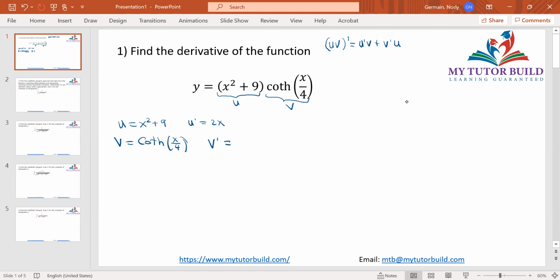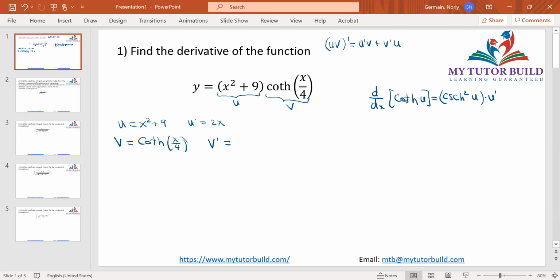First of all, I need to remind you that if you take the derivative of hyperbolic cotangent u, the derivative is negative hyperbolic cosecant squared u times u prime.